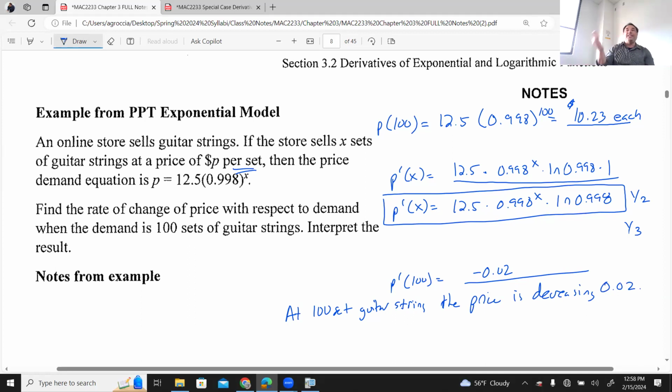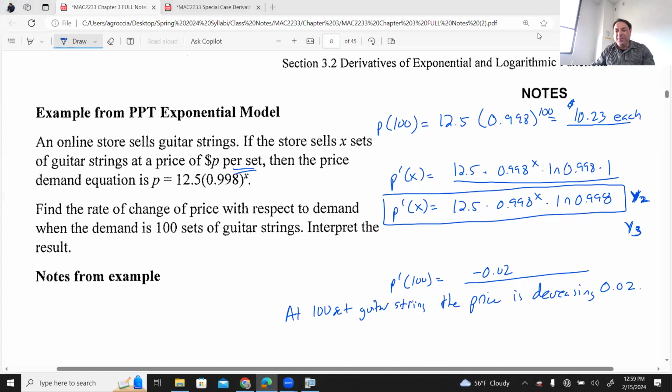So the price of the next one should be 2 cents less, which is 10.21, right? That's how the price is changing. Right now it's 10.23. What am I expecting that price to do? It's going to decrease 2 cents. So let's put that per set.